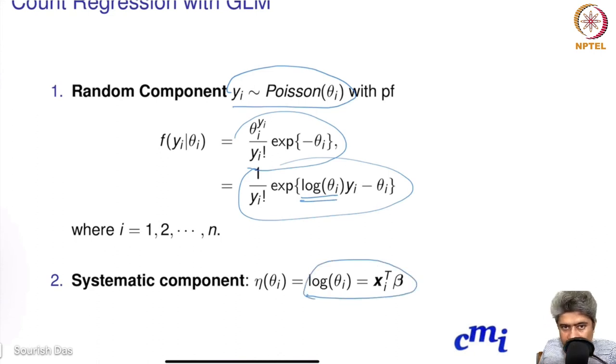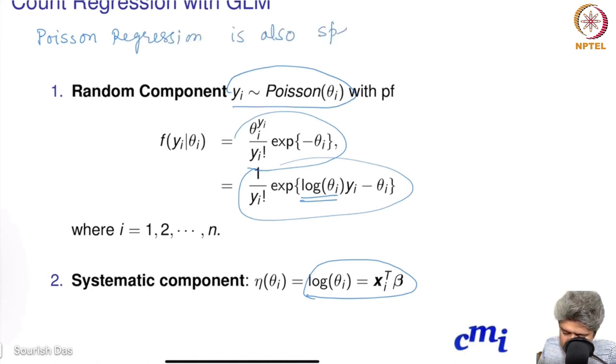So count regression or Poisson regression is also a special case of GLM, or generalized linear model.